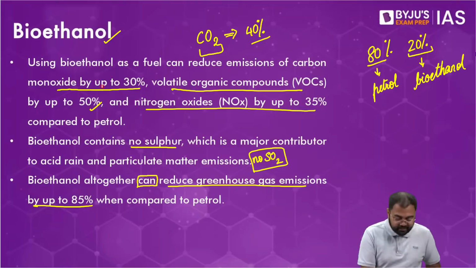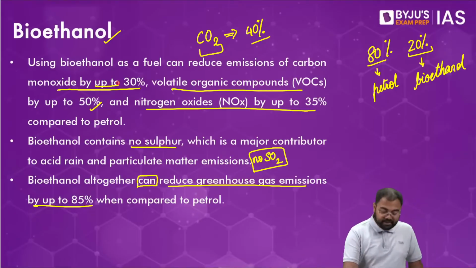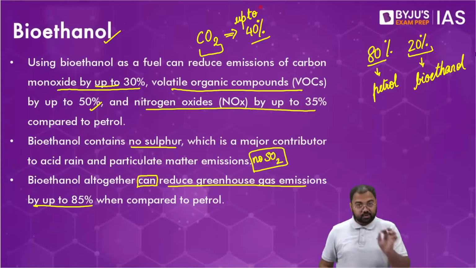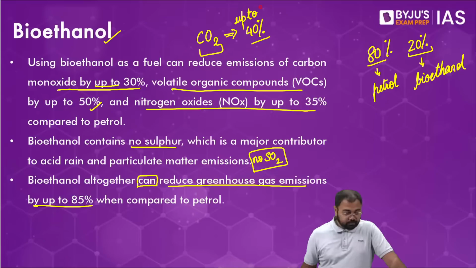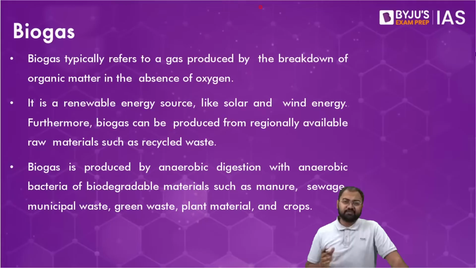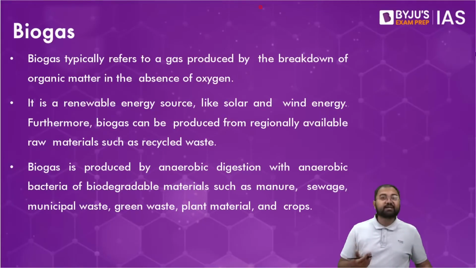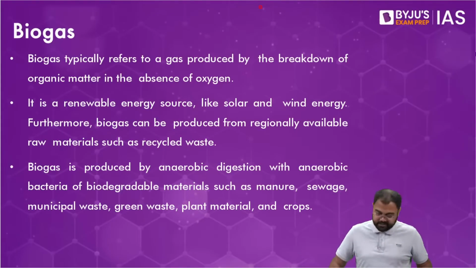Similarly, carbon monoxide can be reduced by up to 30%, and carbon dioxide by up to 40%. Always remember this. We are not specifying an exact number. All right, so that's what we see with regards to bioethanol, and it is supposed to become a very important part of our economy, and it will help in reducing our dependency on imports. We shall discuss all this at a later stage today.